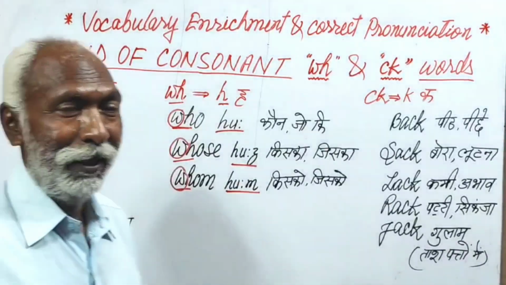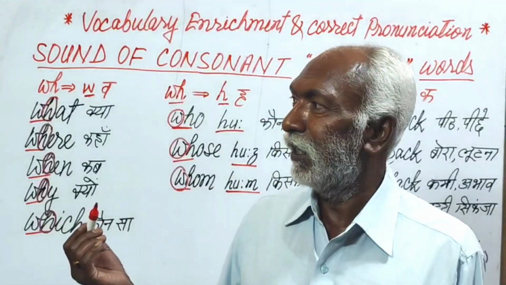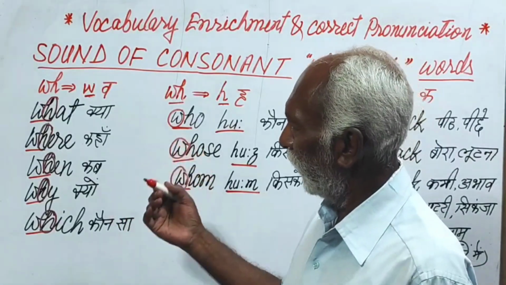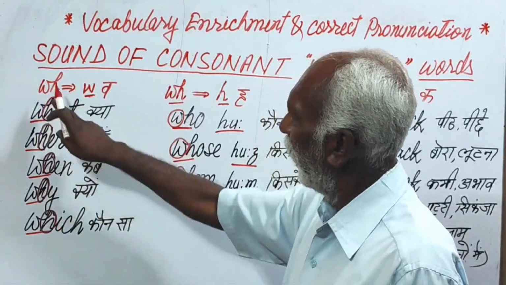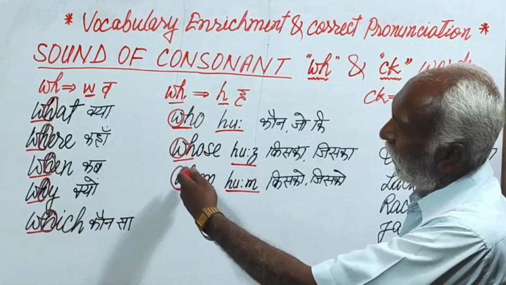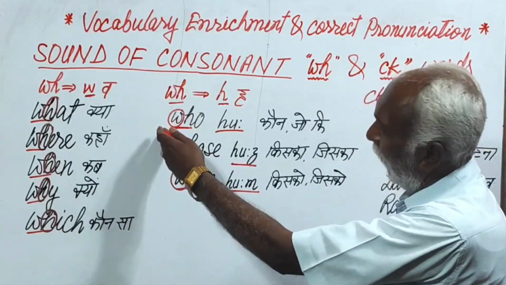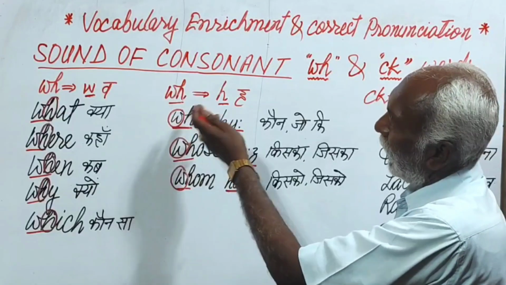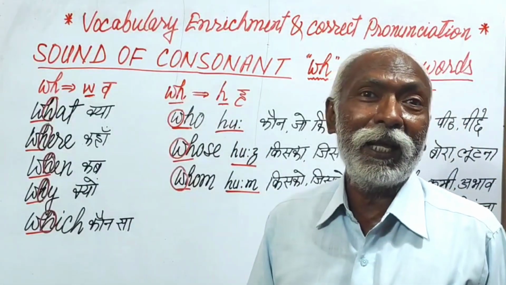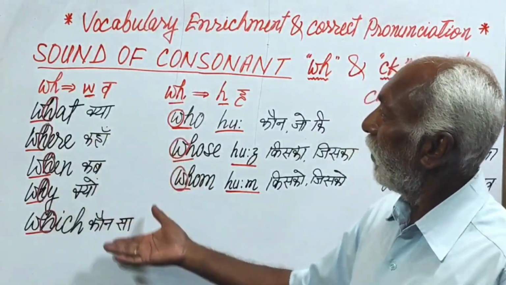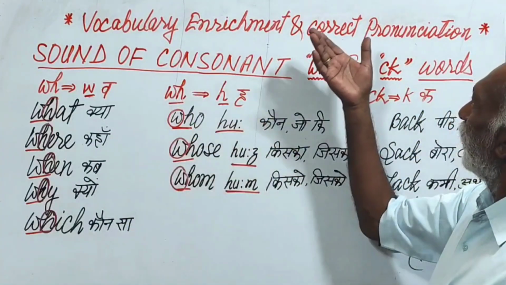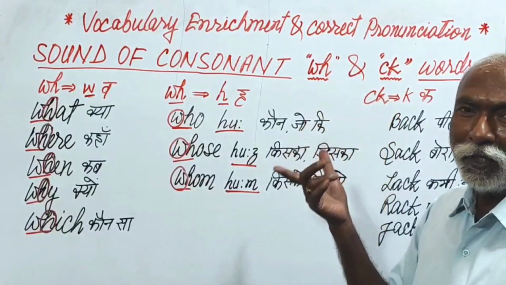So here, dear, a very good proof that WH in these words has H silent, and in these words you may say that W is silent and H is pronounced. So English is a very funny language. In this way, we may enrich our vocabulary and correct our pronunciation.